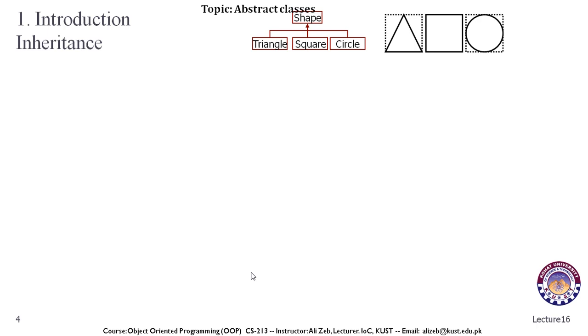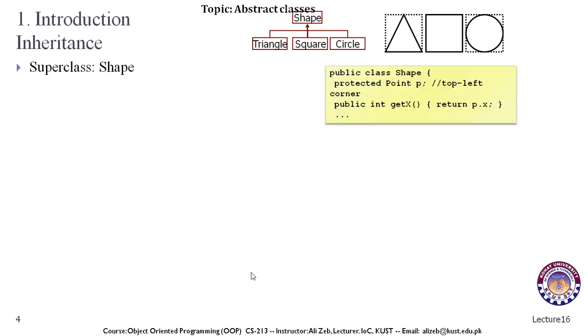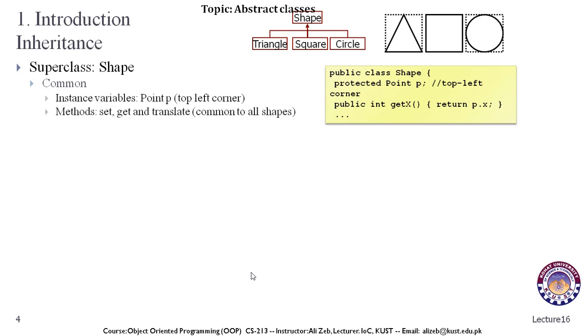In this case we create a shape class that is the superclass of the triangle, the square and the circle class. The shape class will include the common methods and the common variables, which in this case is the instance variable point p, and the set, get and translate methods. These are common to all shapes.